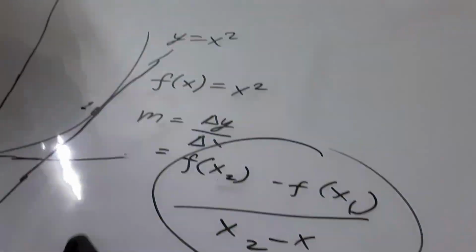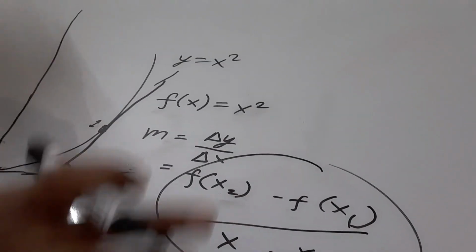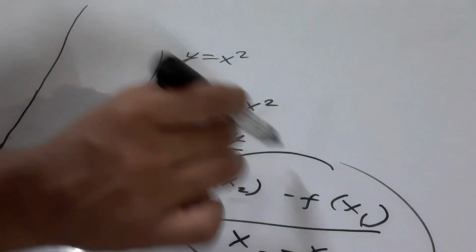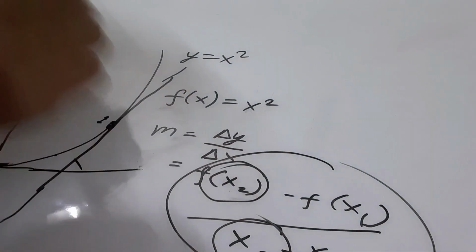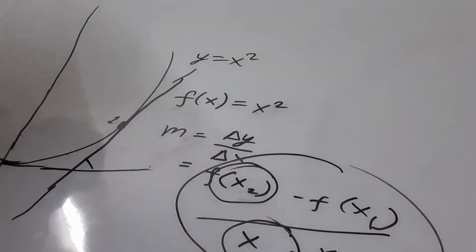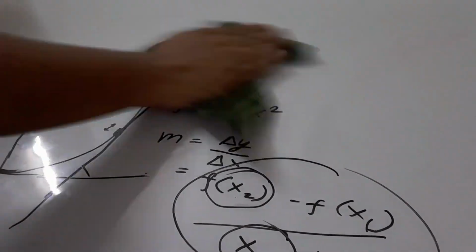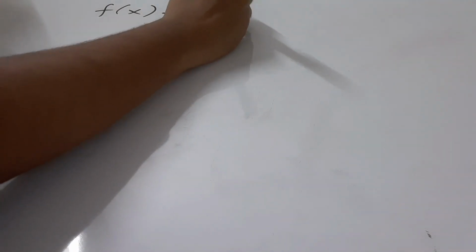We won this. But a problem is that this second point is extremely close to our first point. So let's see how we can go around that. Let me write our function f of x is equal to x squared over here, just for reference.